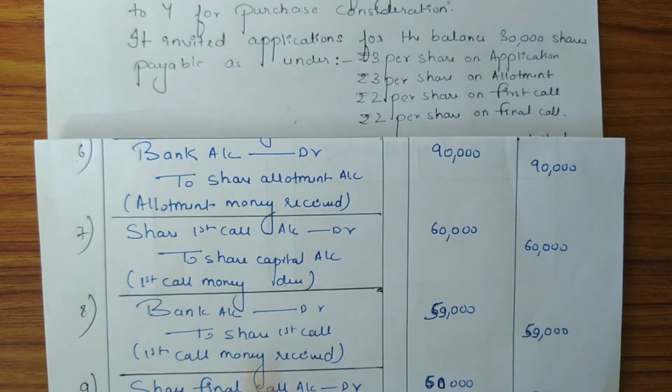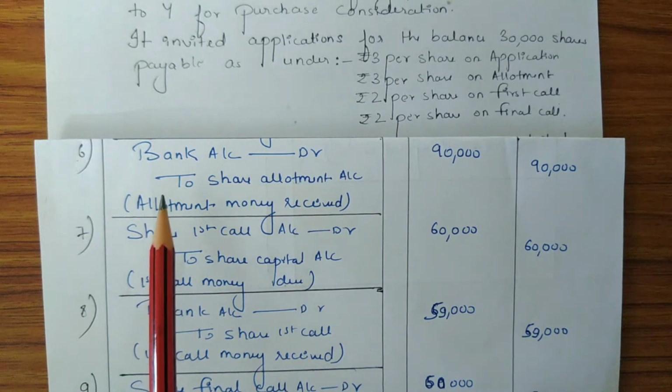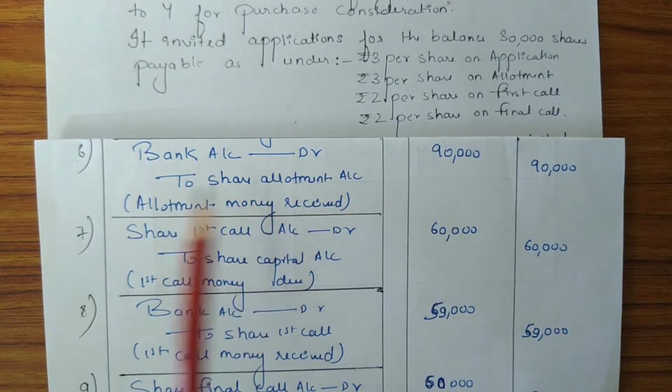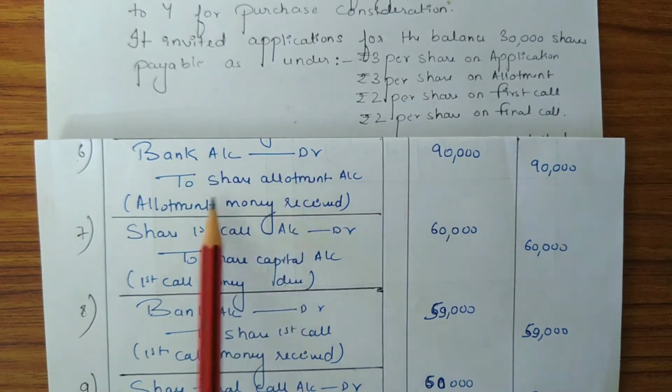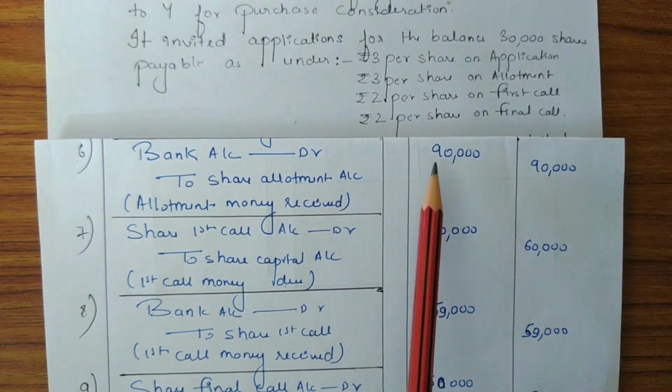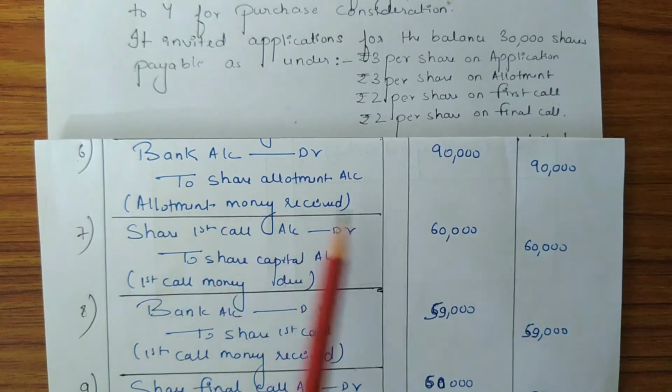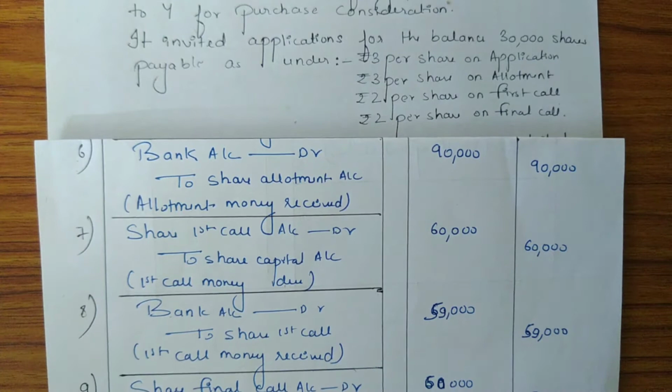After the allotment money was due, the next entry will be on receipt of allotment money. The entry will be bank account debit to share allotment account, and the amount will be 90,000 and 90,000. Narration will be allotment money received.